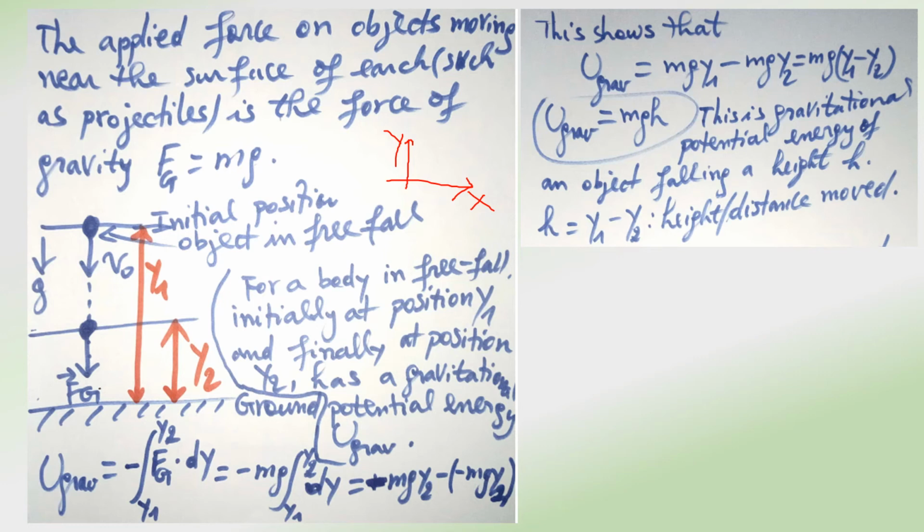It's the reason why the gravitational potential energy equals mgy1 minus mgy2, then equals mg times (y1 minus y2), where the gravitational potential energy equals mgh, and here we take h as the change in position, meaning the change in height, which is y1 minus y2. This is how we will calculate the gravitational potential energy.